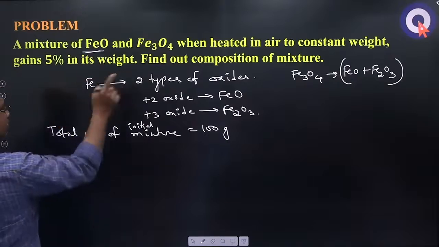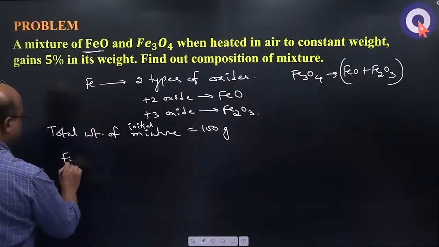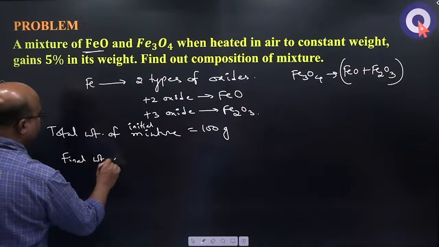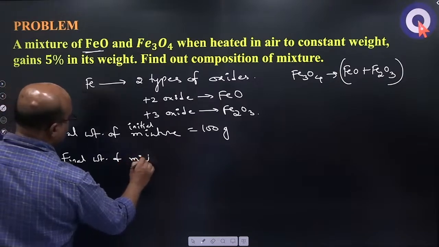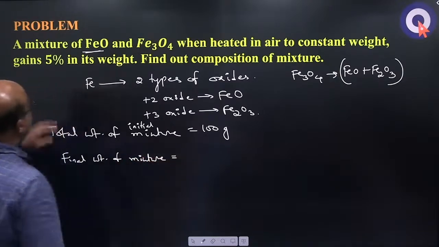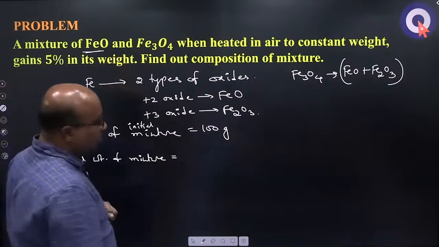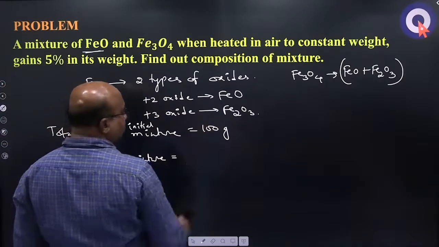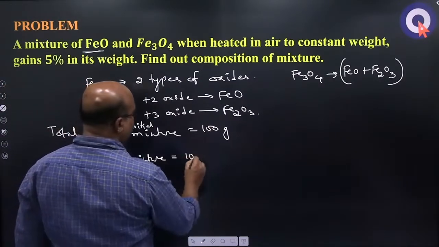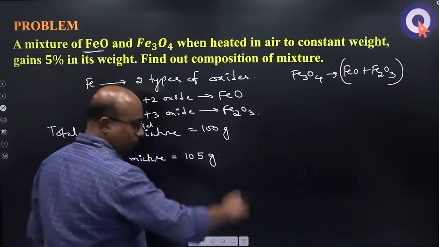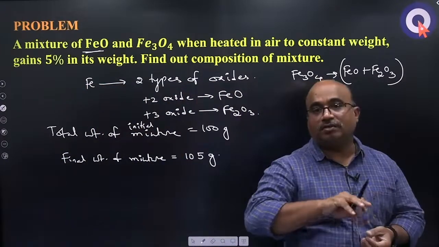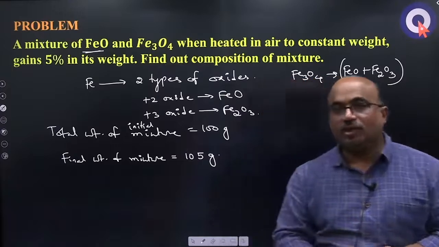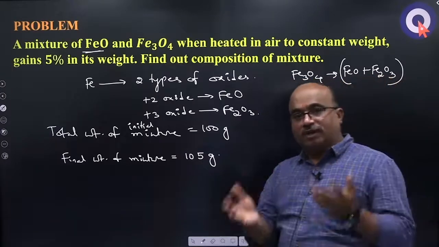But as for the given information, what is the final weight of the mixture? There is a 5% increase in it. What is meant by a 5% increase is that it becomes 105. For 100, 5%, so the total weight finally becomes 105.